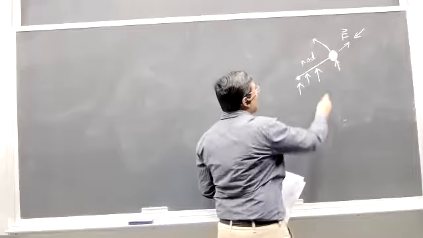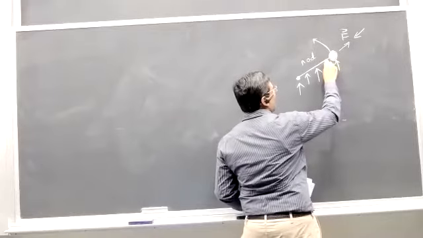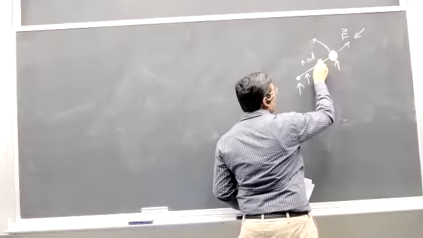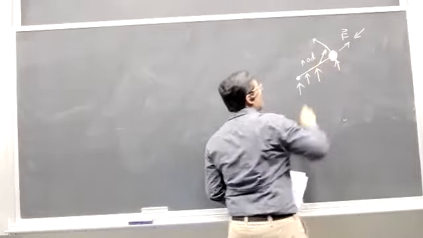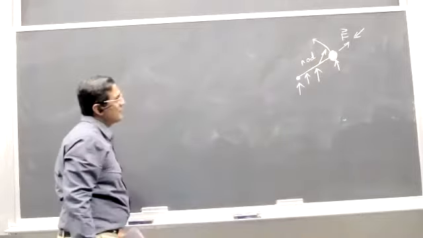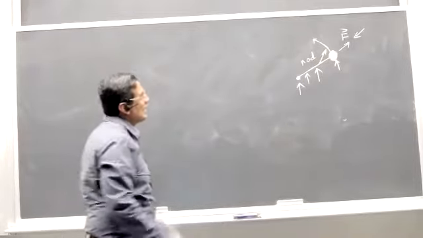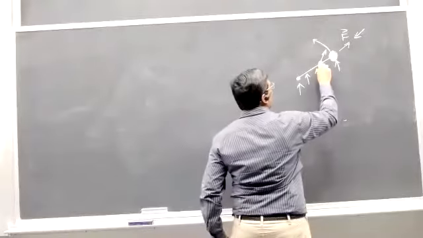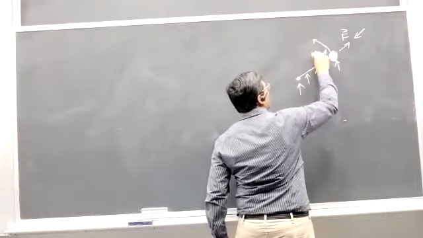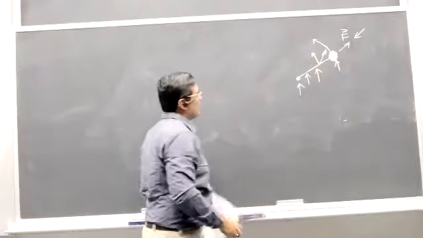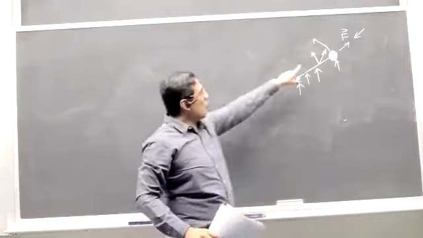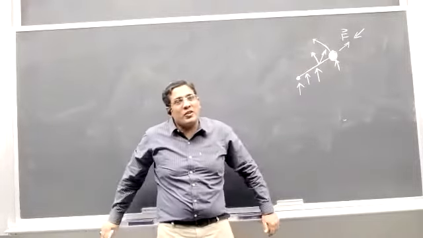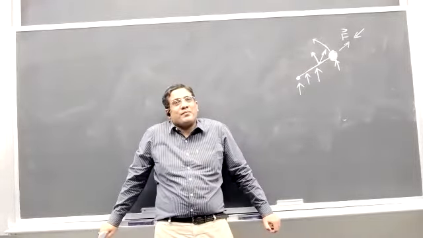Okay, let's do another example. Let's say that you apply the force here somewhere, but at an angle. What will happen if the force is applied this way? Let me make two pairs of forces. You exert the same magnitude of force in this direction and in this direction. First of all, would both forces produce motion or not?